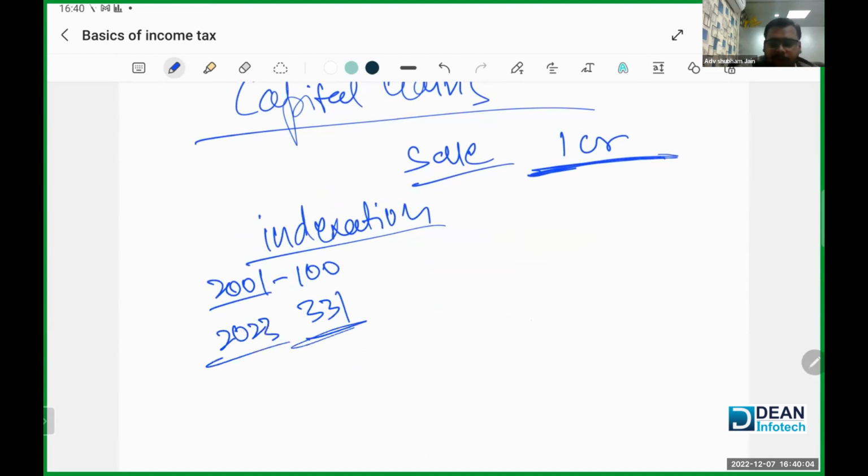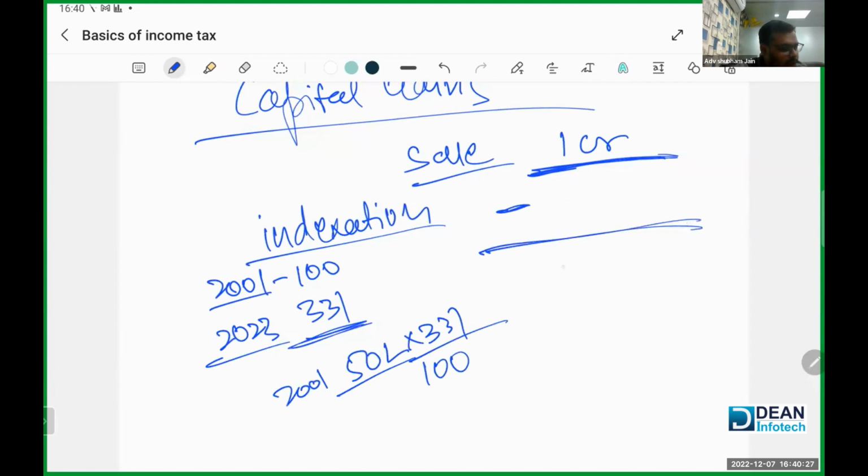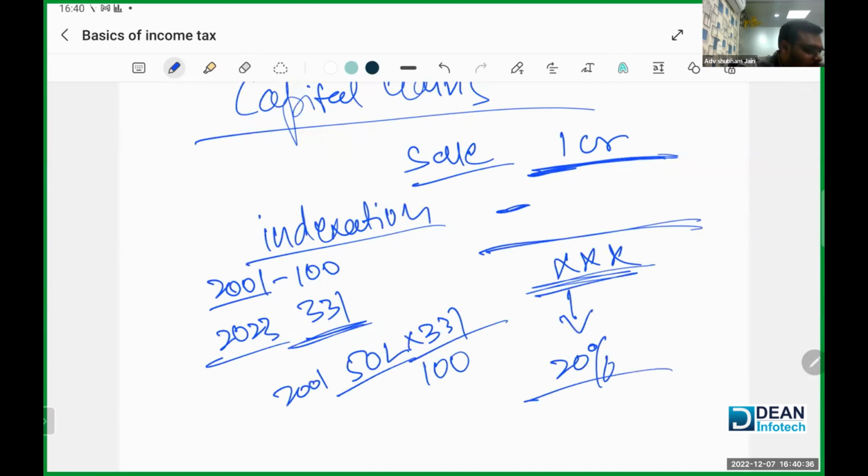And these are the government prescribed rates. This is a chart that is being given by the government, that according to this, you need to go through the indexation. Like if the value of my property was 50 lakh rupees in 2001, I am going to calculate the current value of that property, and I'm going to minus this from this particular sale price, and whatever I derive from that will be the income under the head capital gains. And on this amount, I will be charging 20% of the long-term capital gain for this particular property.